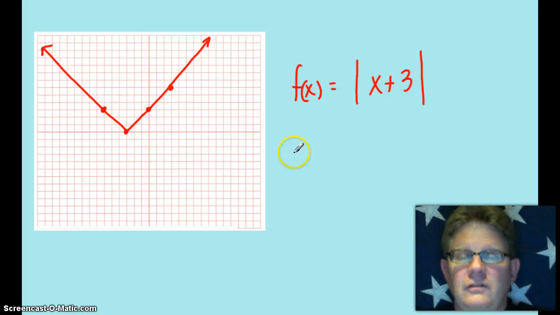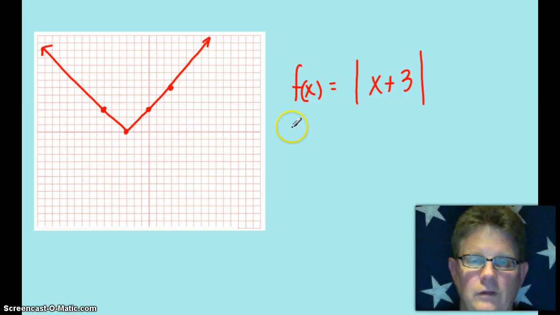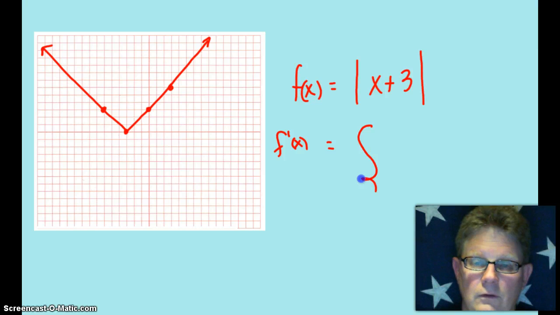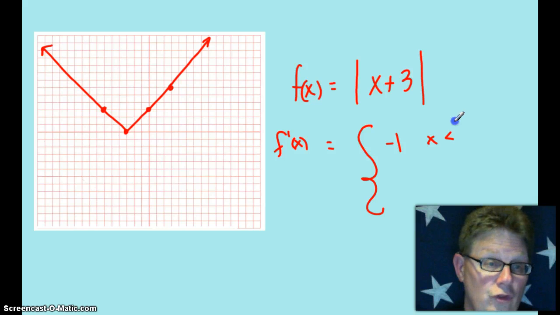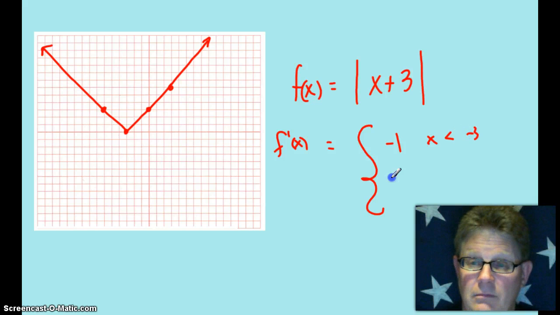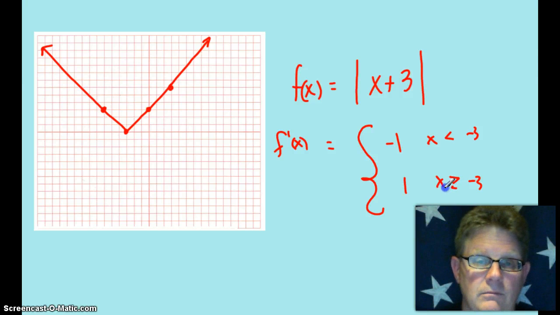Alright, f of x is defined as the absolute value of x plus 3. F prime of x, it's a piecewise function, is -1 for x less than -3, and +1 for x greater than or equal to -3.